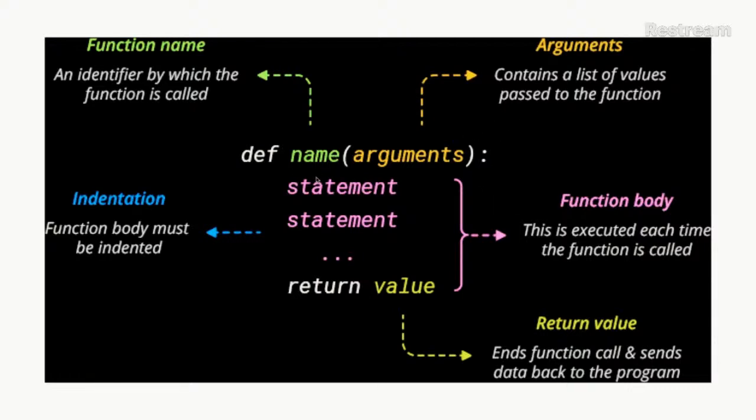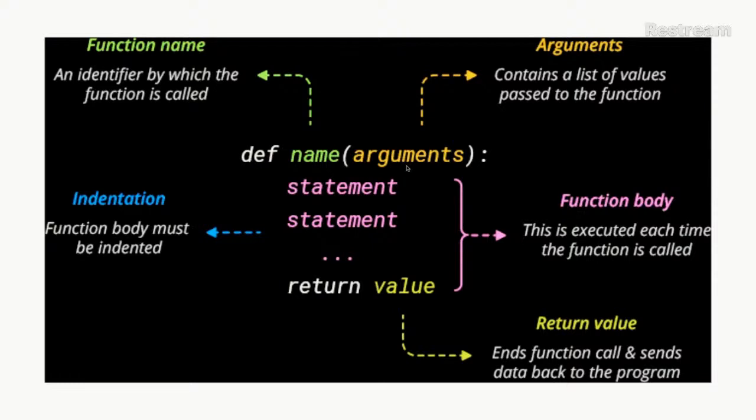Also, the function body or the method body consists of everything after the function closes its definition line. Indentation happens within the function because this is a block of code.